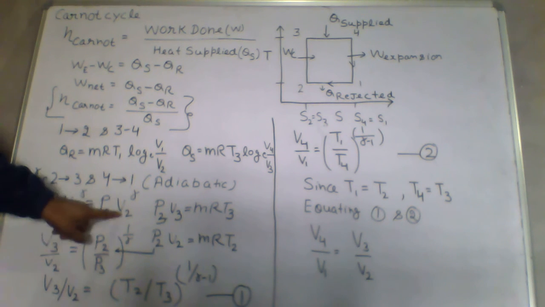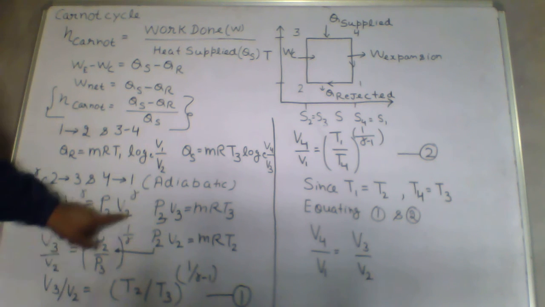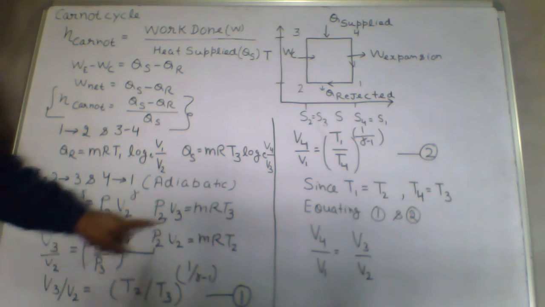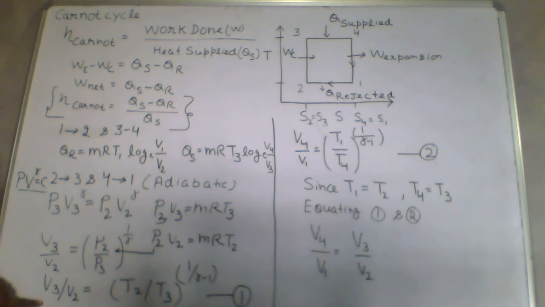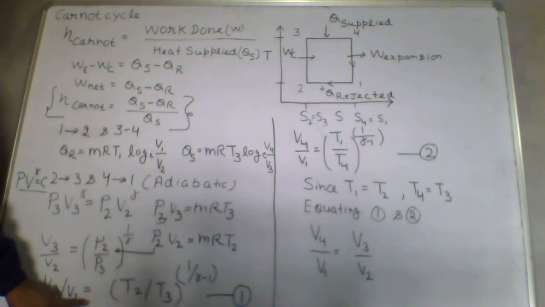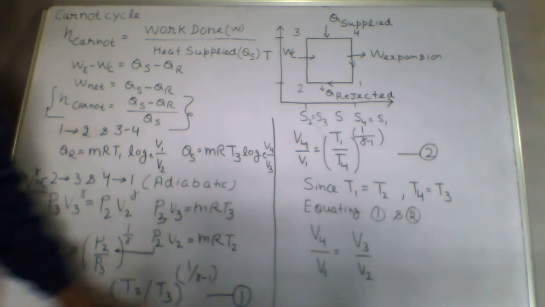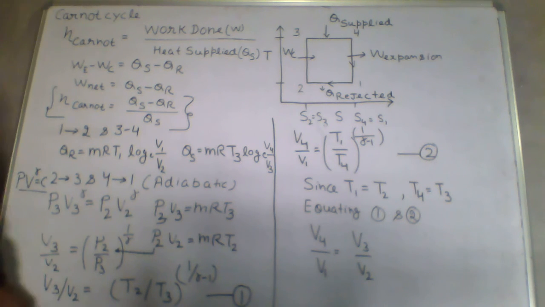We can take V3 to this side, so V3 by V2 is equal to P2 by P3, and you can replace P2 and P3 in terms of V2 and V3. After solving, you will get V3 by V2 is equal to (T2 by T3) raised to power 1 by gamma minus 1. So this is your first equation.